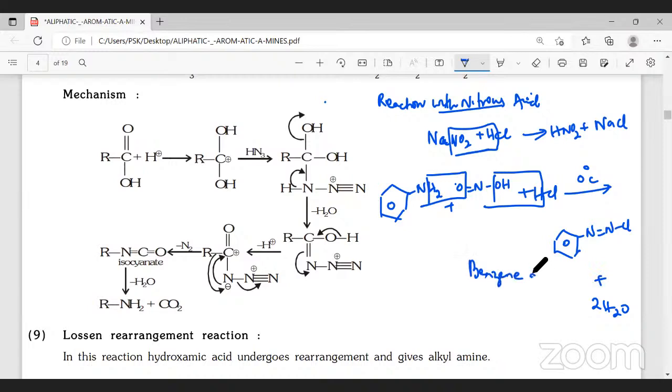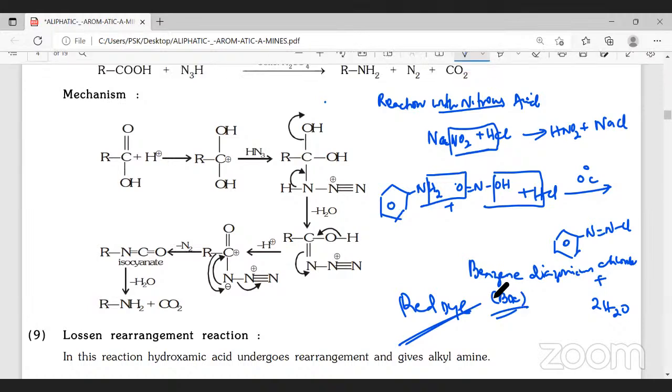It is called benzene diazonium chloride. This benzene diazonium chloride is abbreviated as BDC. It's a red colored dye. It's a coloring agent. So aliphatic amines do not give dyes, but the aromatic amines like aniline react with nitrous acid in the presence of HCl at around 0 to 5 degrees Celsius to form a red colored dye, and it's called benzene diazonium chloride.